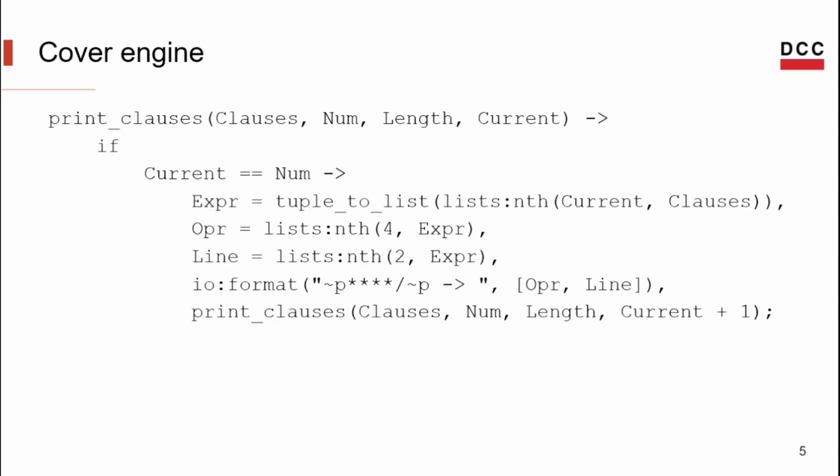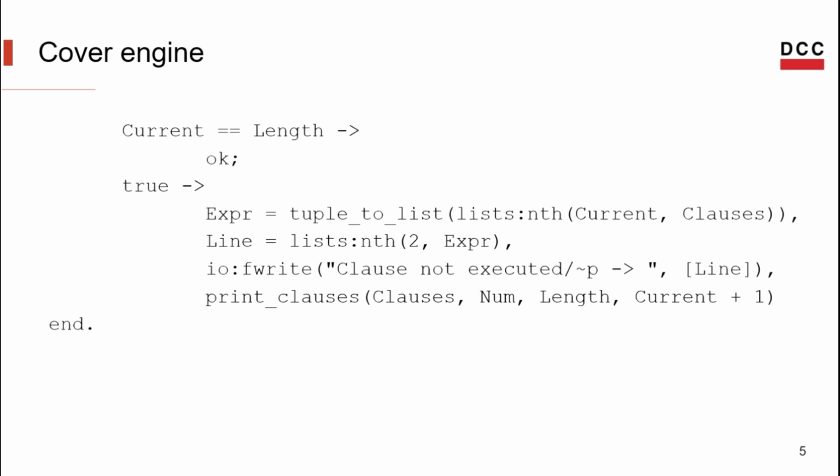And then we print some text with the operation and the line. After this processing, we do the print clauses again with the current plus one, so it's going to recursively go to the next item. Then if it's a clause where the num variable is not equal to the current, that means that it's something that was not executed. So we just print clause not executed. And then we also invoke the print clauses again, pointing to the next item.